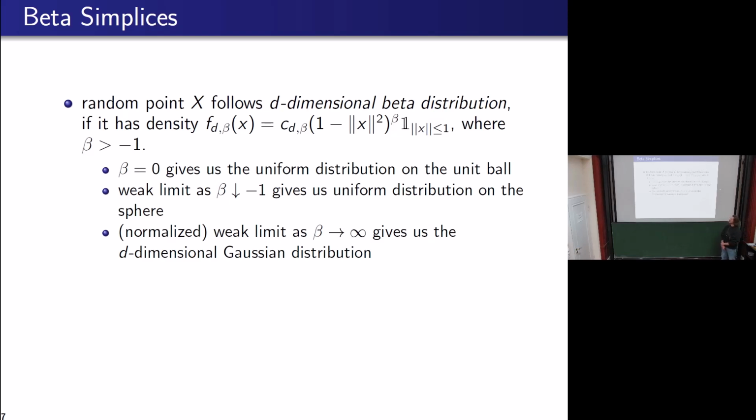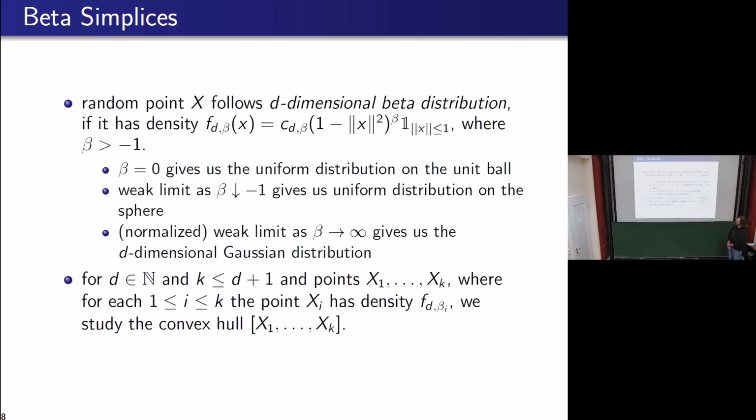What they were able to show is that the typical cell of such a tessellation is actually a beta simplex with an additional weight, which we will also introduce today. So this is where this density turns up, at least inside of mathematics.